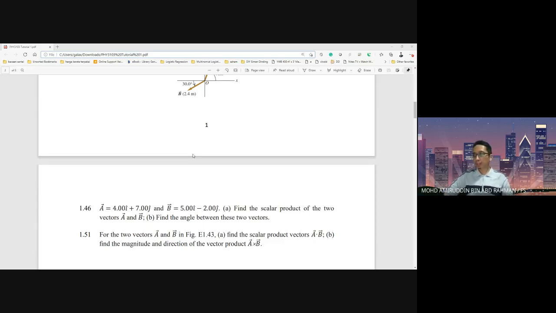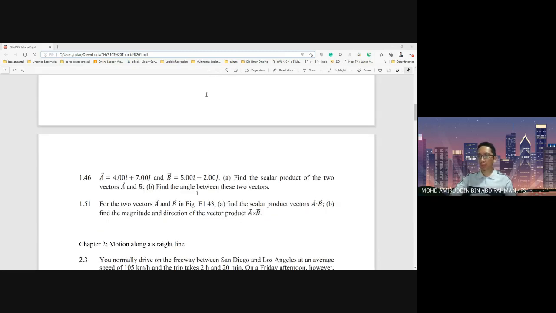And then the last one, find out the magnitude and direction of the vector product, the cross product A cross B, which is AB sine phi. Phi is similar, 140 degrees. So 3.6 times 4 sine 140, and the answer will be 5.55 meters squared. All right, so that's it.